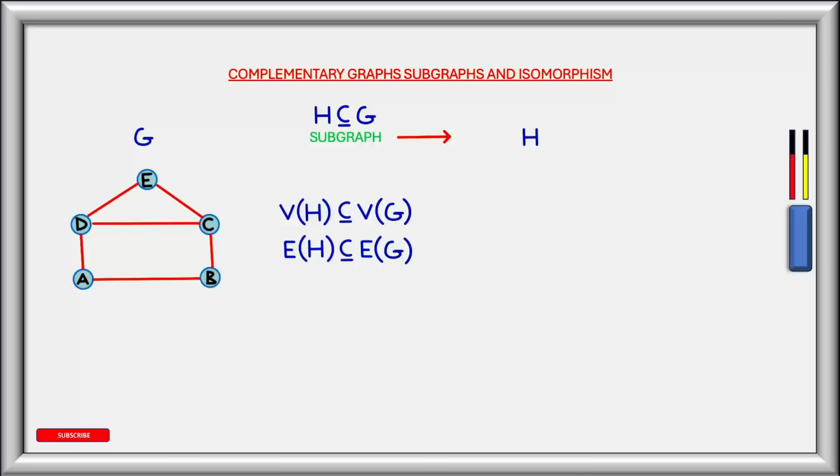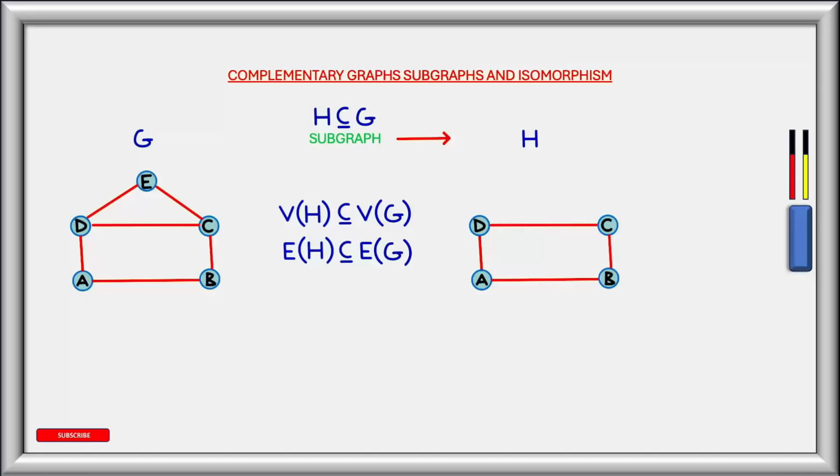So on the board, we have graph G, which has 5 vertices, A, B, C, D, and E, and 6 edges, so 1, 2, 3, 4, 5, and 6. So let's draw graph H, which is a subgraph of graph G. Graph H has 4 vertices, A, B, C, and D, and 4 edges, 1, 2, 3, and 4.